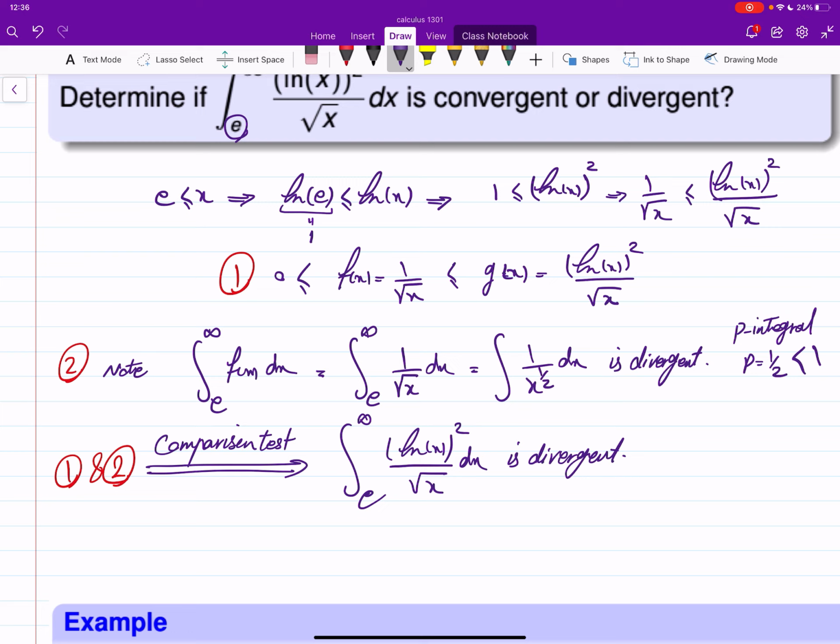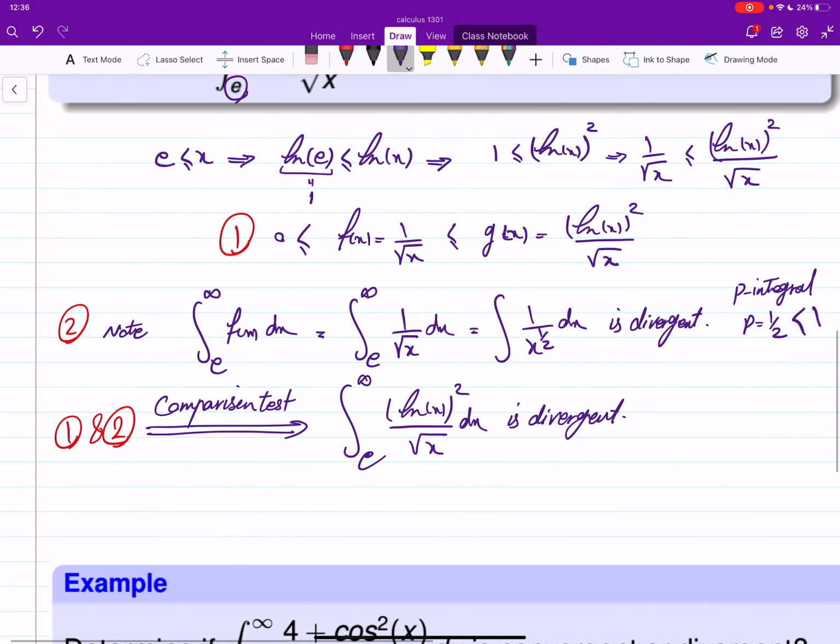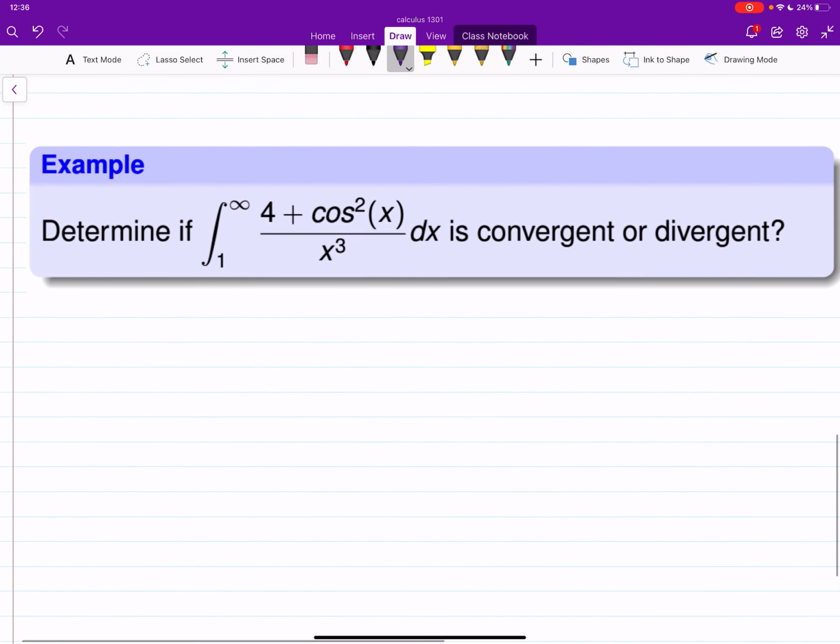We didn't do anything else with that, just showed that we can compare it to a function which is divergent and is less than this. So that way we proved it using the comparison test. Let's do one more example.